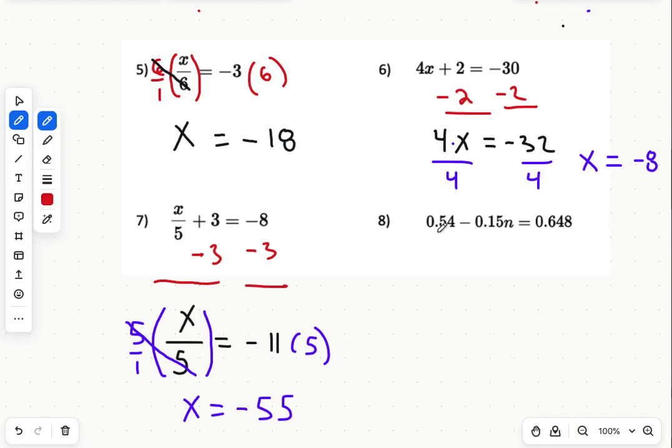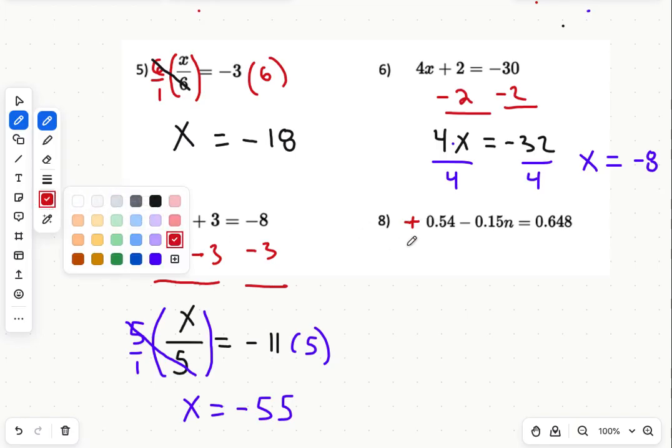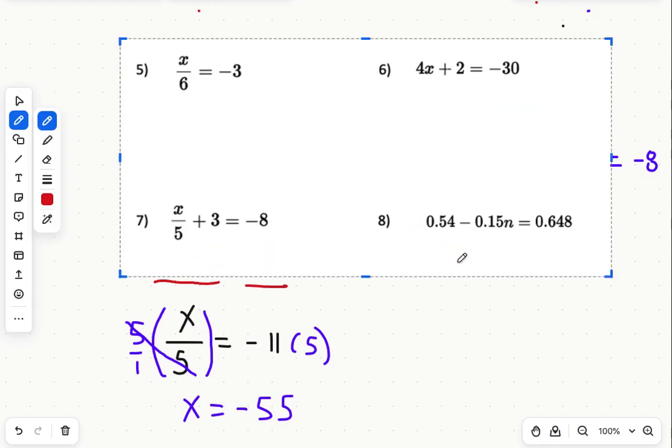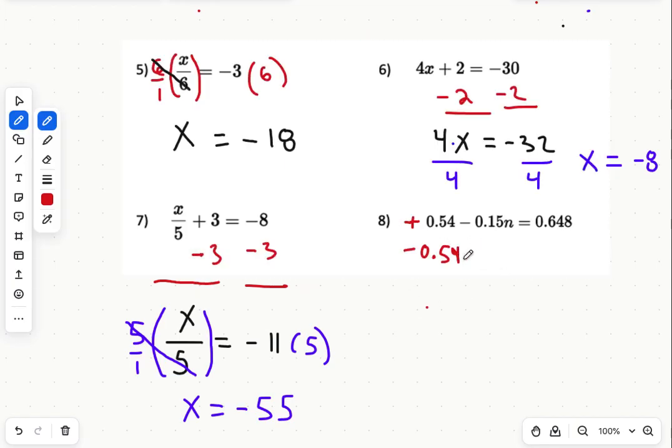So notice this is a positive 54 right here. To undo a positive 54, there is subtraction happening, but the negative is actually on the term involving the n, not the 54. So since this is a positive 54, to undo that, I'm going to want to go minus 0.54. I should be saying 0.54 there, sorry.